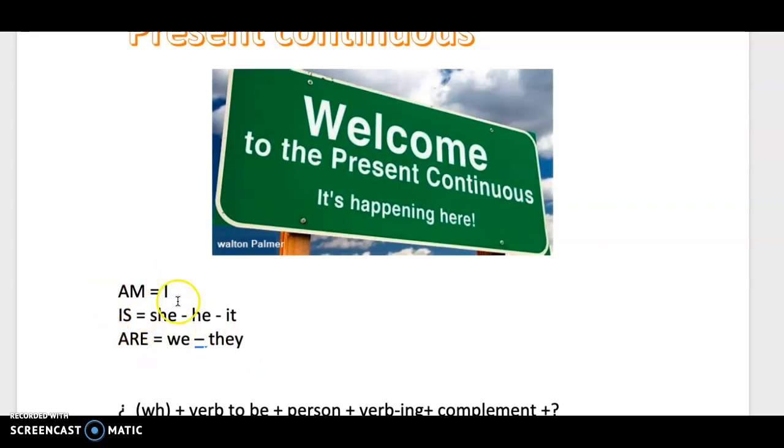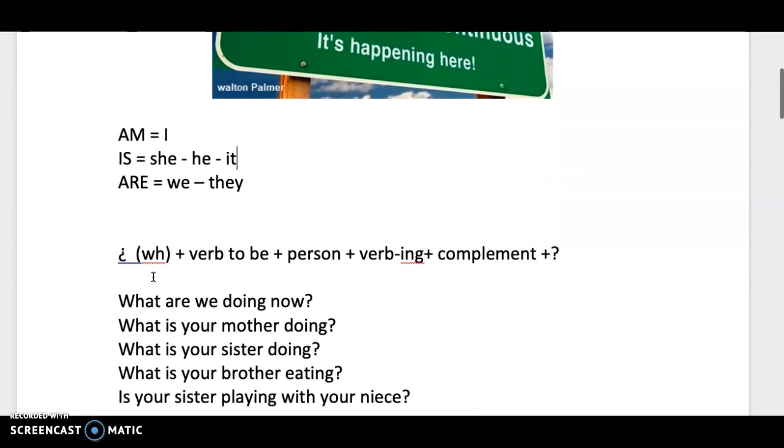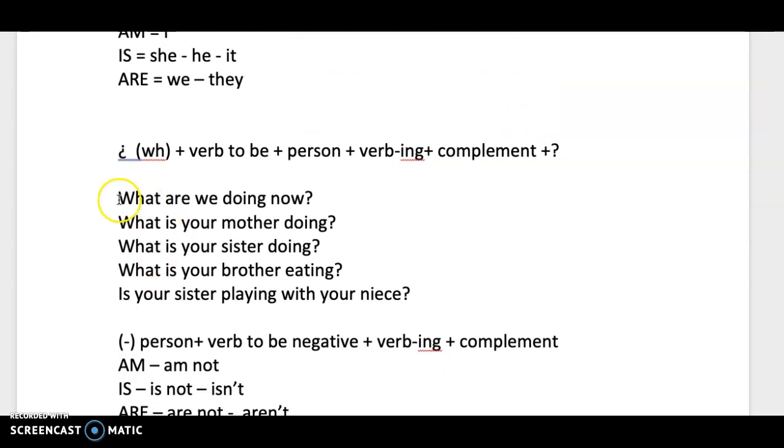So these verbs are very important in the grammar structure. Let's see. I am going to explain to you how to create questions, negative sentences, and affirmative sentences. So let's start with questions. Okay, here we have the formula for you to create questions using present continuous.